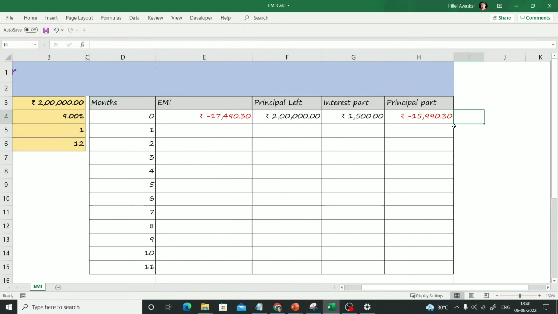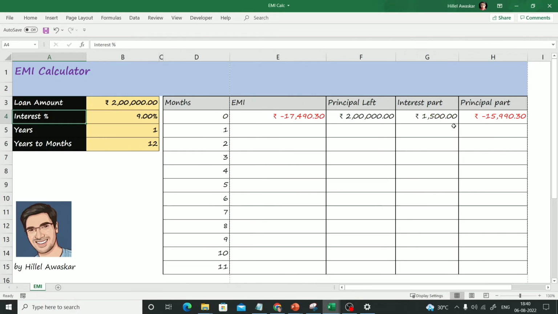So in total you would have 17,490. Ignore the negative signs here, that you can use a negative sign, you can multiply by a negative sign and make it positive. So just for this calculation, let's ignore all those negatives, and you can do that later on.